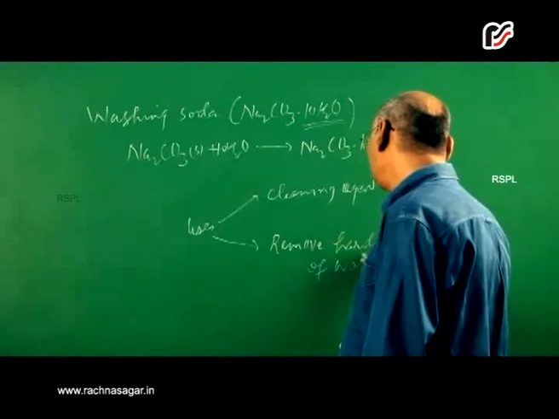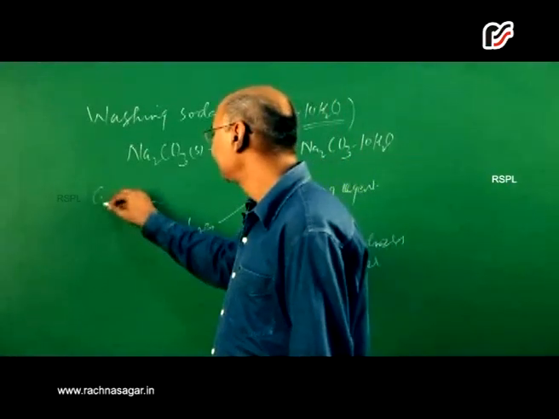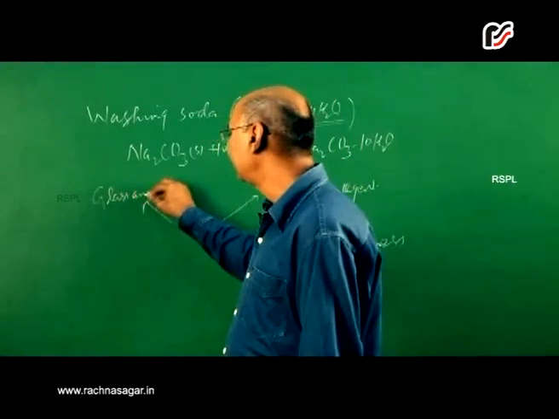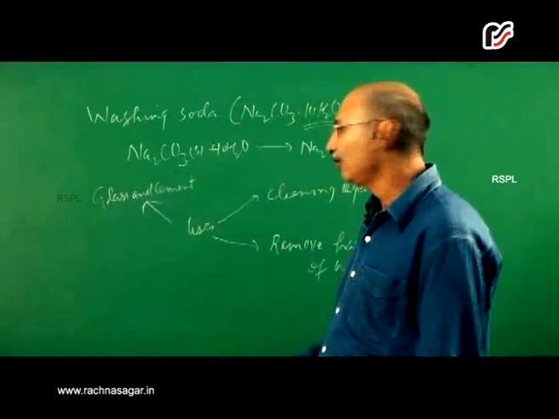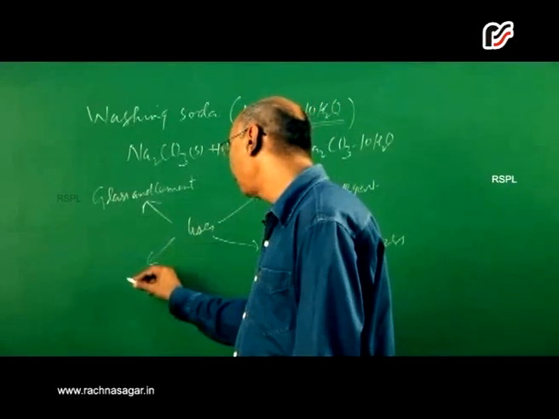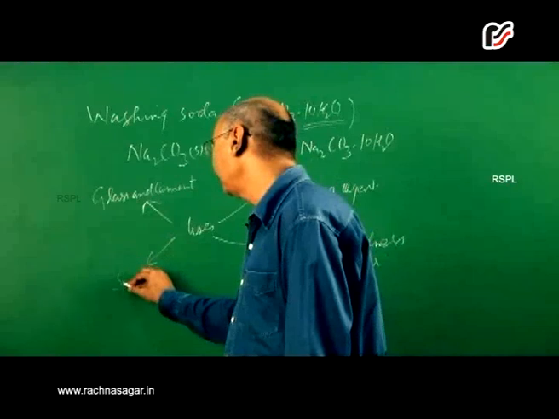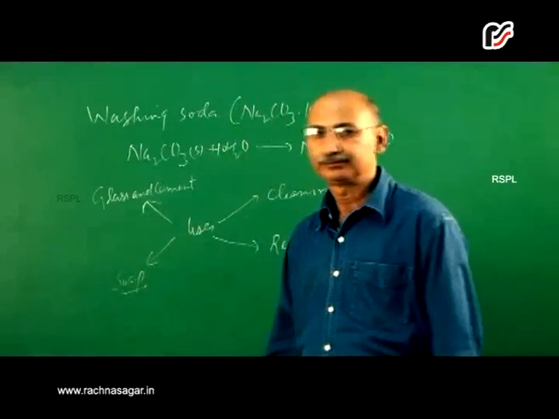It is also used in manufacture of glass and cement. So the glass and cement industry is also based on washing soda. Washing soda is also mixed with soap as a cleaning agent. So in manufacture of soap also washing soda can be used.